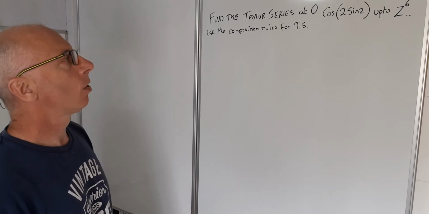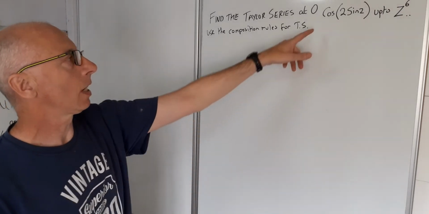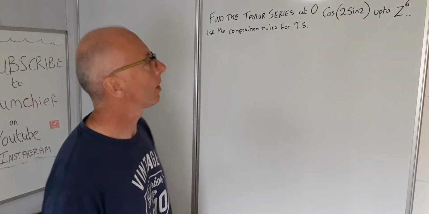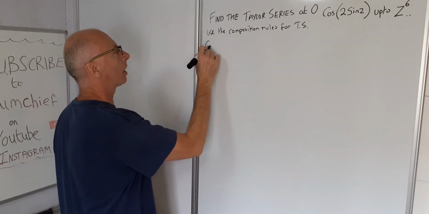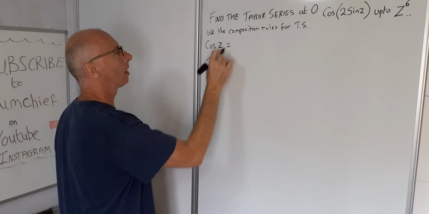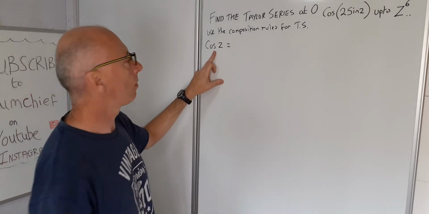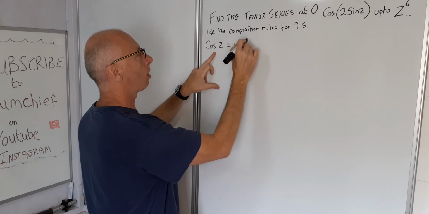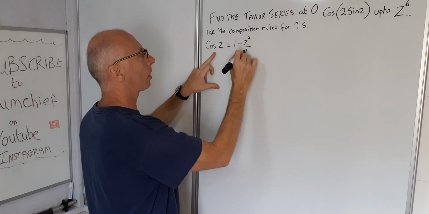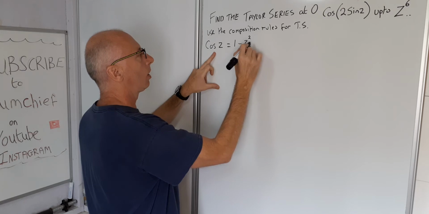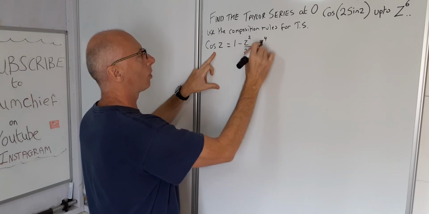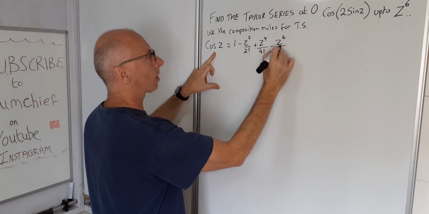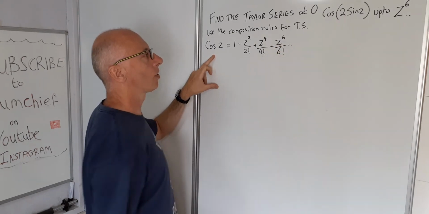And what we do know, the basis that we know, is the cosine Taylor series and the sine Taylor series. So let's just write that up here. Cosine of z, so cosine we know is an even function. So that's going to give us all the even terms. So that's 1 minus z squared over 2 factorial plus z to the 4 over 4 factorial minus z to the 6 over 6 factorial, and so on.